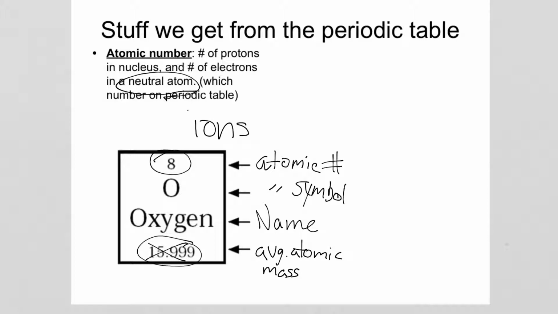And this is where the protons and electrons are not equal, not the same. We'll get to that later, especially when we talk about compounds. But for right now, that's how we get protons and electrons.